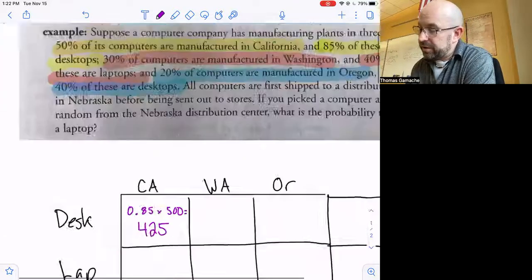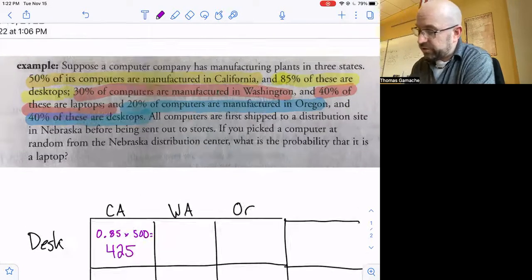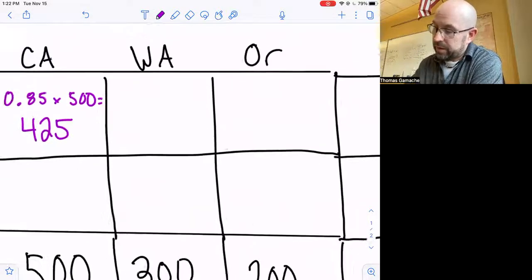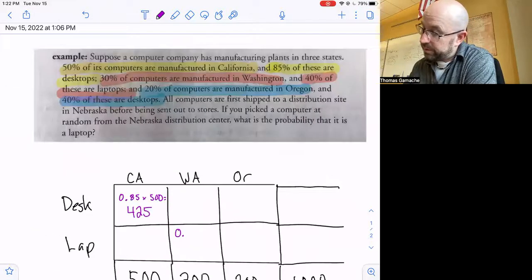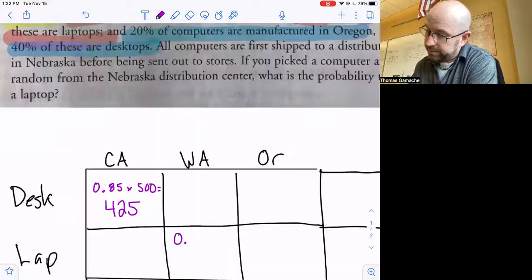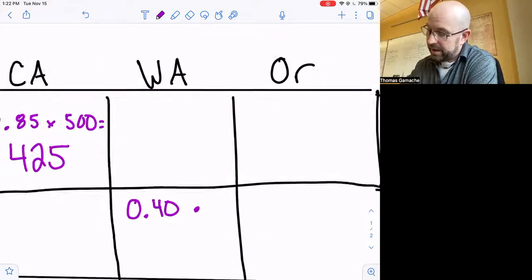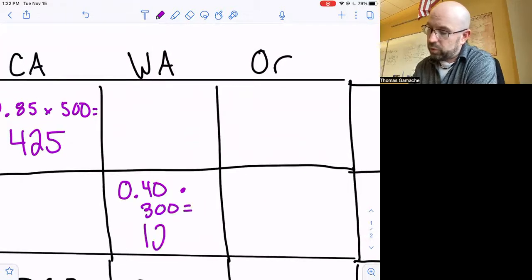Within Washington, let's see what we got here for Washington. So 30% of manufacturing in Washington, and 40% of those are laptops. So I'm going down here for the laptops. Let me just double check that. Is it 0.40? Yep. Turn my percentage to a decimal. I'm going to multiply that by 300. So when I do that, it gives me 120.